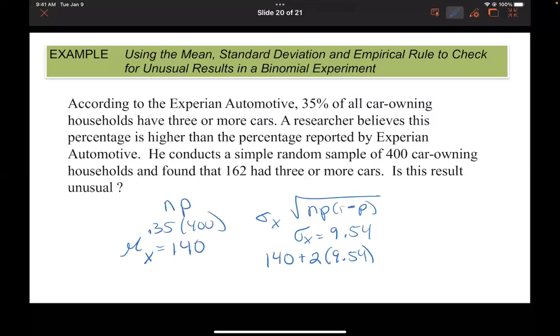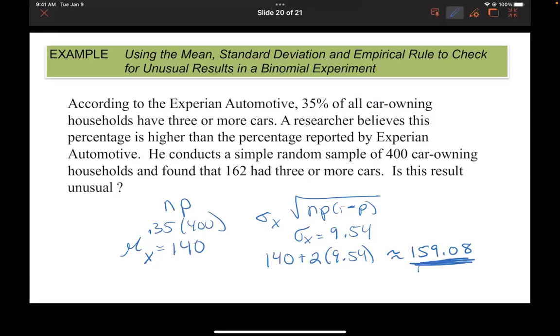So 2 times my answer plus 140. So I have approximately 159.08. So this right here would be my upper limit. Anything above 159.08 would be an outlier.